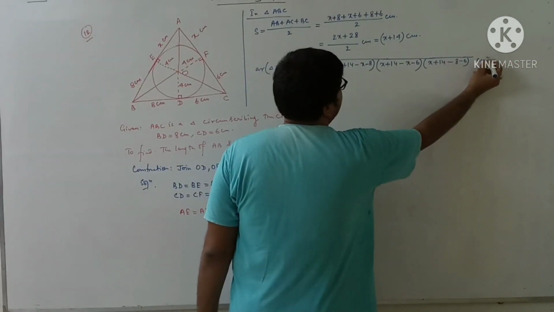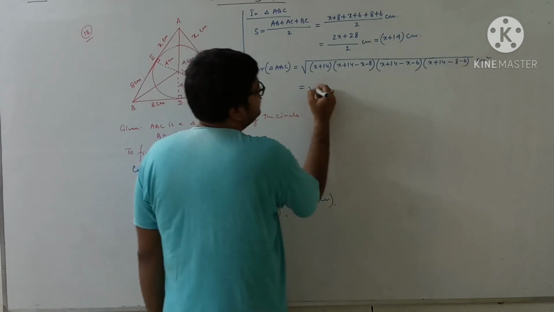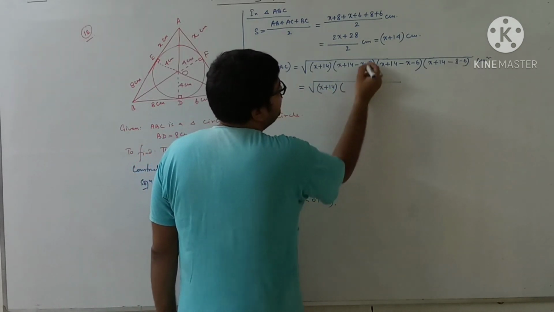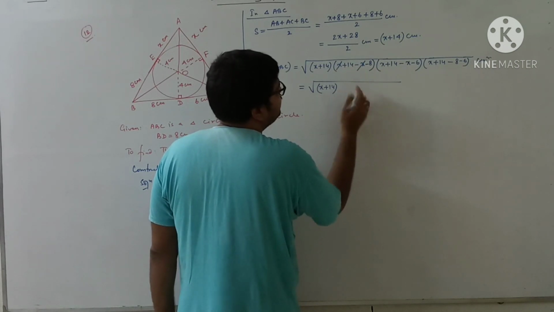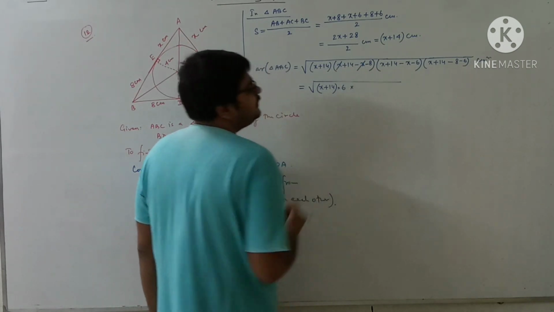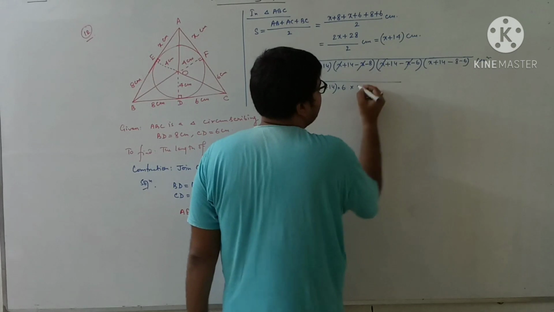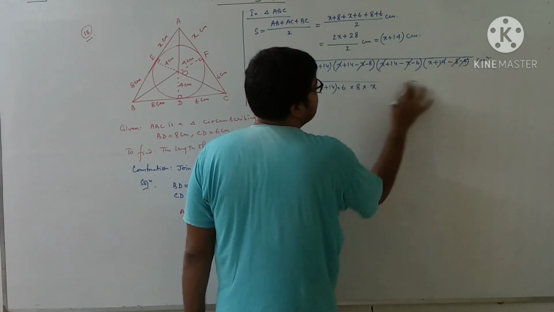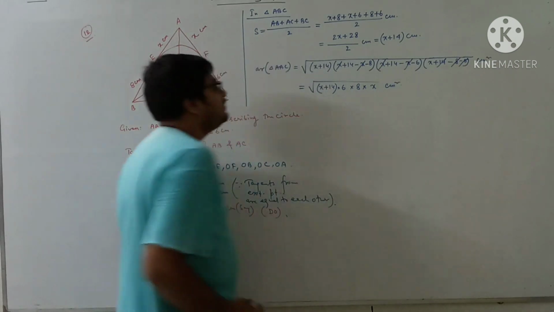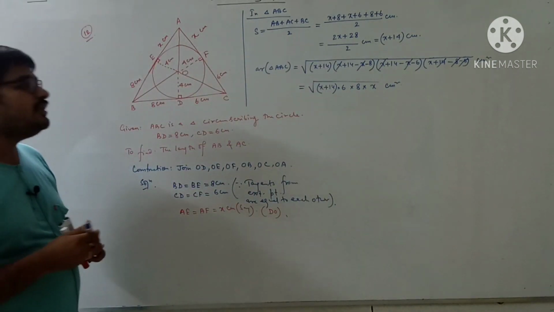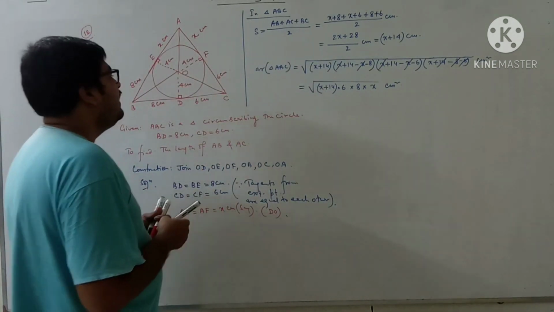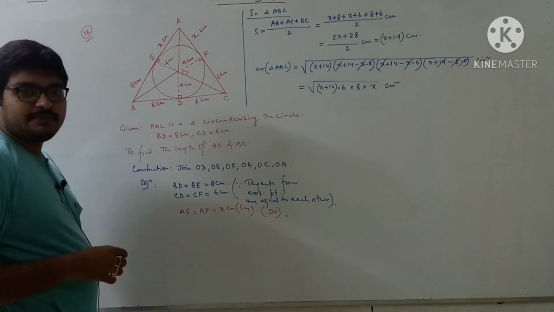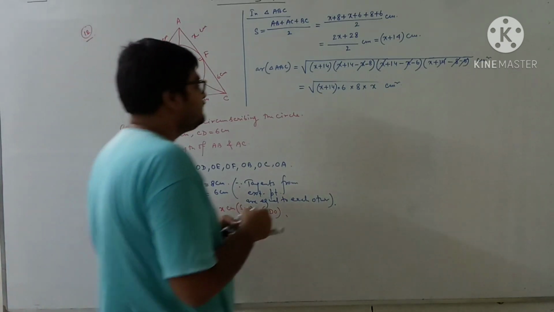This much centimeter square. So it means we are getting root of x plus 14 into 6 into 8 into x, this much centimeter square. So this is the area of full triangle ABC which we have taken out using Heron's formula. Now this area should be equal to the area of these smaller three triangles. So we can write now.